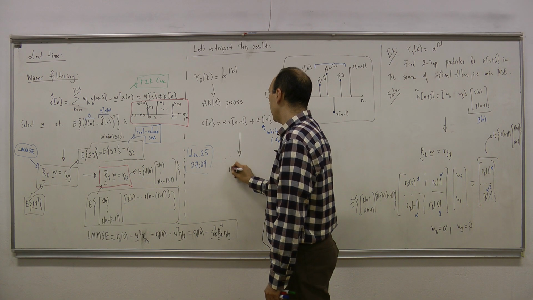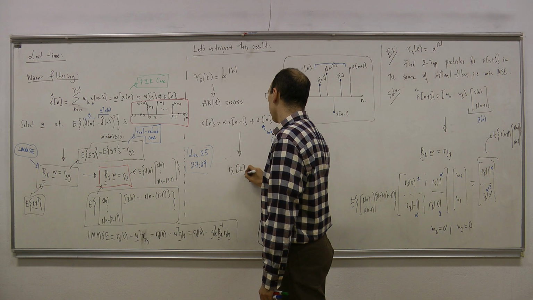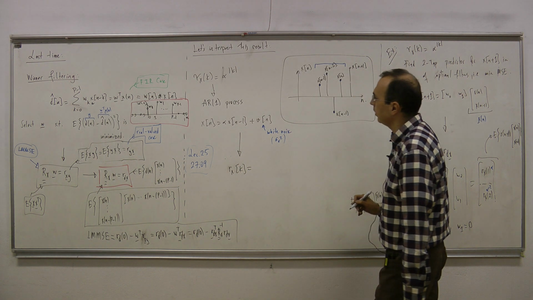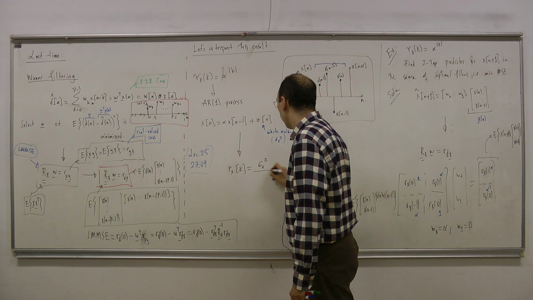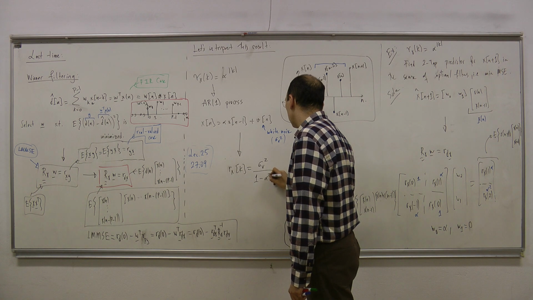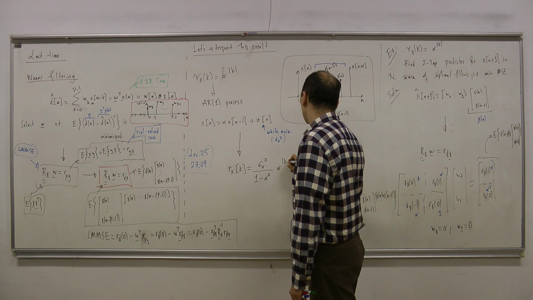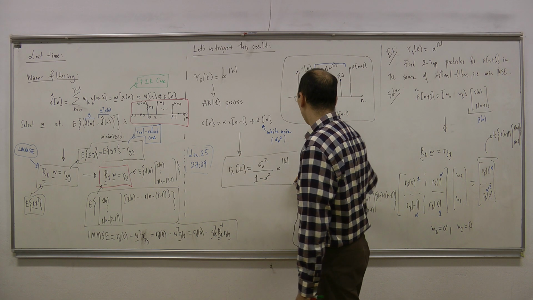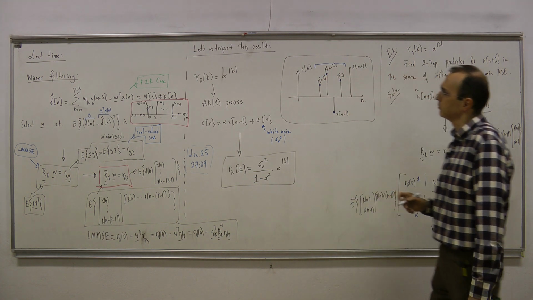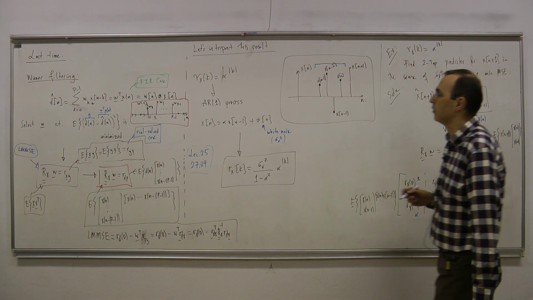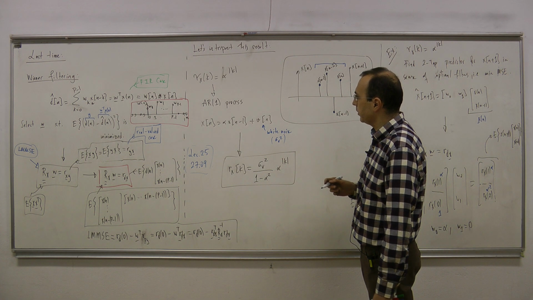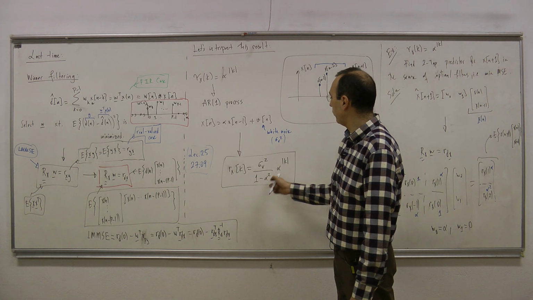Then Rx of k is, so what's Rx of k? This is, as far as I remember, it's something like this. Okay? Rx of k is something like that. Is this correct? So let me try to find this coefficient.